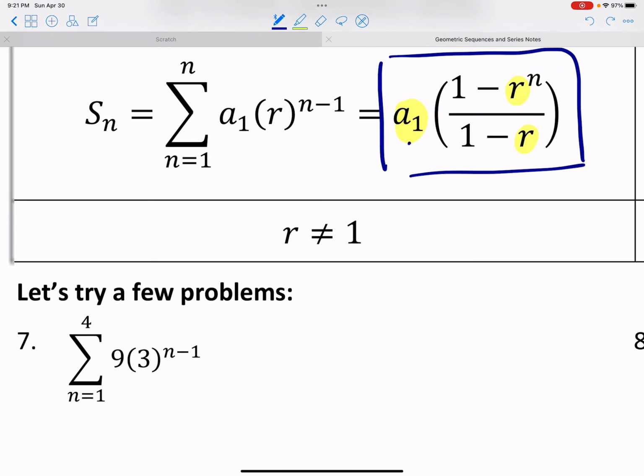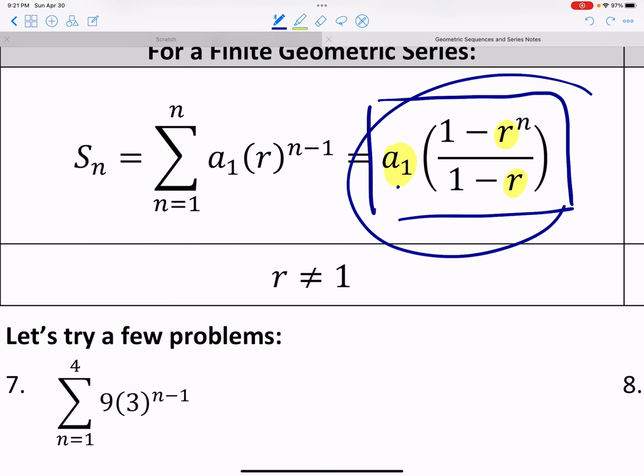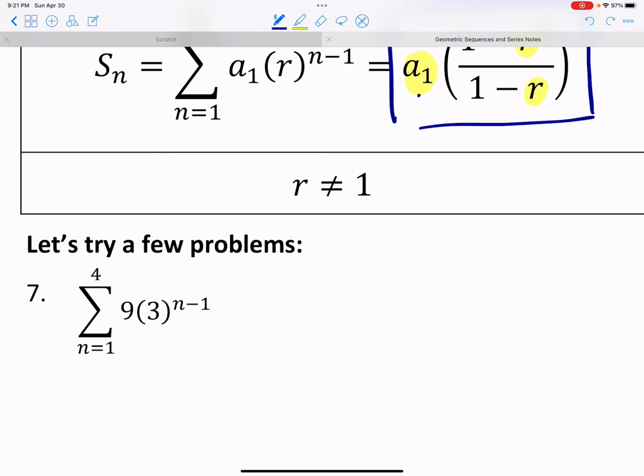And this formula, not always the easiest, right? I got fractions in there. Okay, so I'm going to just expand this one out. I already know the first term on my list is going to be 9, and then I'm multiplying by 3 to continue this list. So my next number would be 27. 27 times 3 is 81, and 81 times 3 is 243.